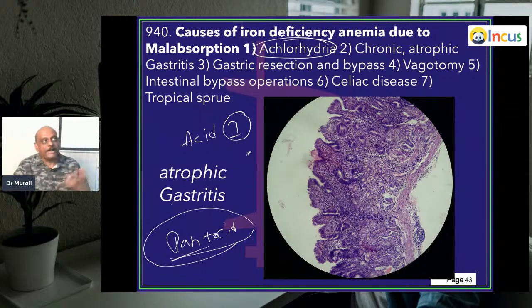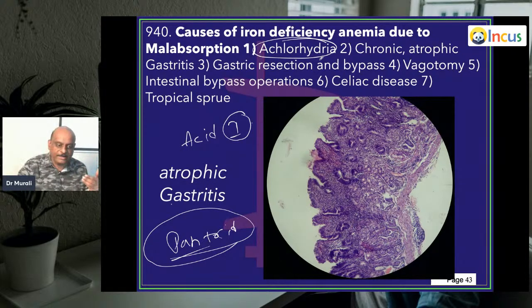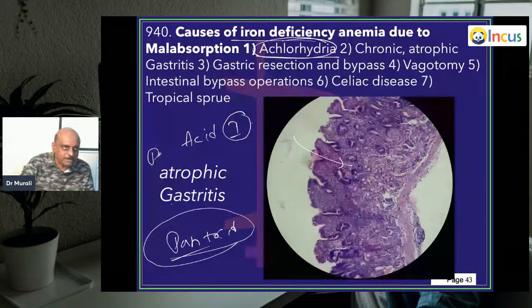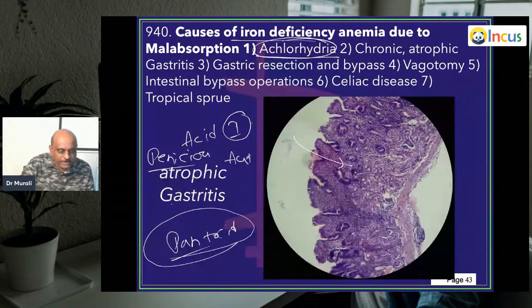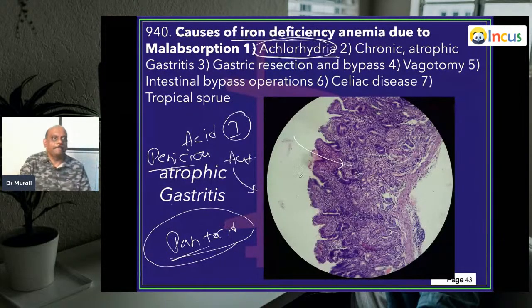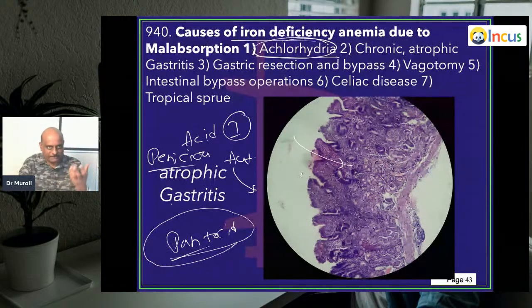So continuously when you are taking a Pantacid-like drug, that leads to achlorhydria, and that leads to development of iron deficiency. Any atrophic gastritis, it can be autoimmune atrophy. What is meant by pernicious anemia? Pernicious anemia means the auto-antibodies going and destroying the parietal cells of the stomach.